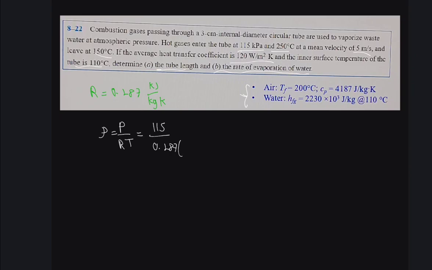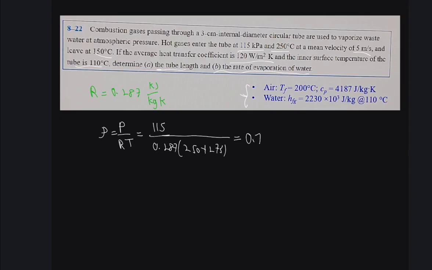So what we care about is this 250, so 250 plus 273. That way, the units for density end up working out. If you wanted to keep this as 115 times 10 to the 3, you'd have to multiply this by 10 to the 3 to get it in joules instead. So this gives the density at the entry of these gases.